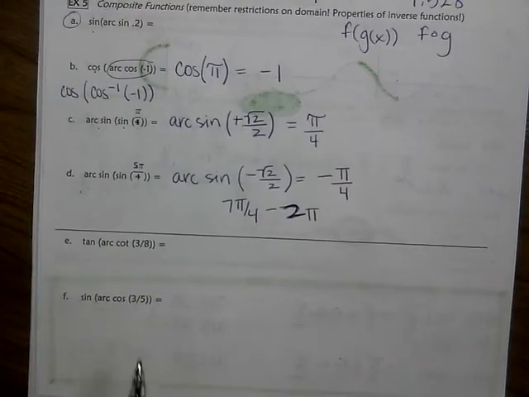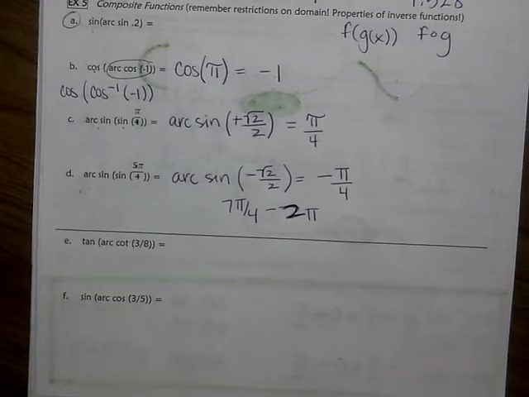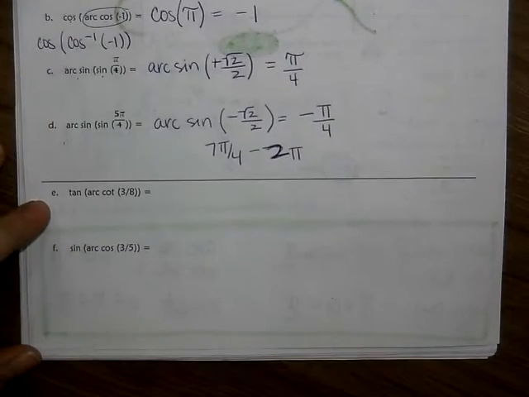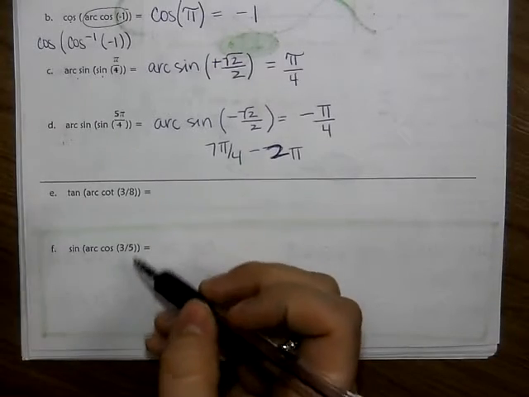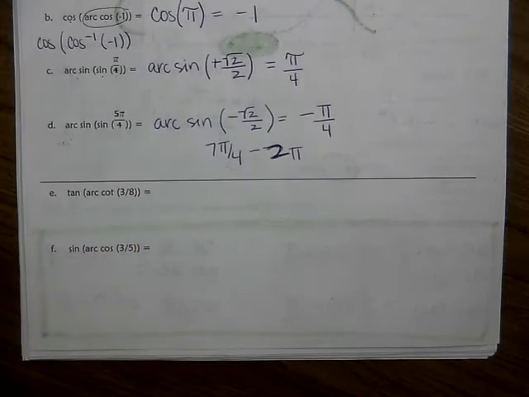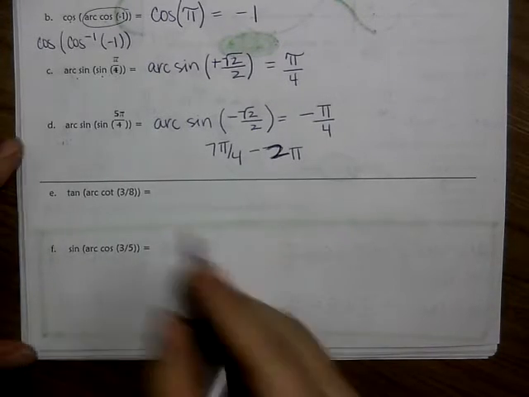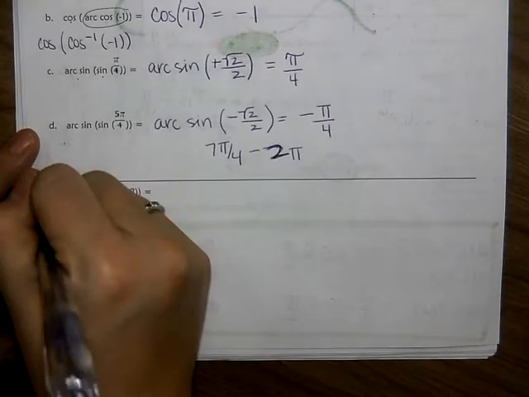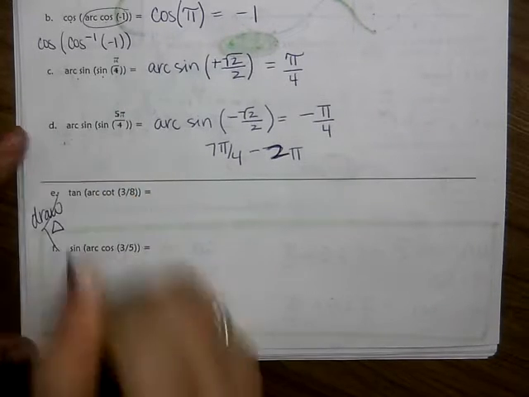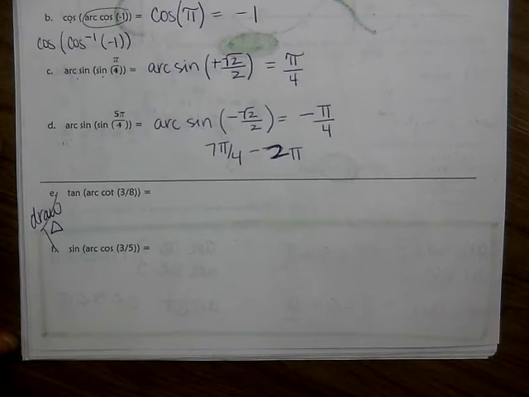Okay. Looking at E, and I can go back to A now too, but looking at E or A or F, you'll notice that it's no longer a unit circle value. Okay, so when that happens, we're going to draw a triangle to help us. We have to think about the restrictions.